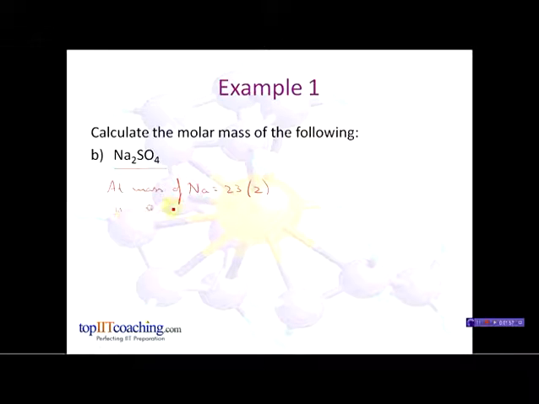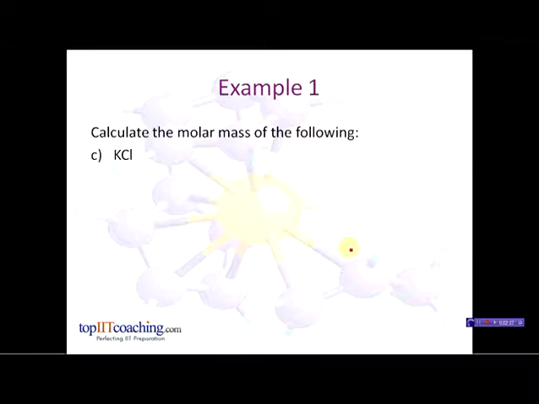The atomic mass of sulfur is 32, and 1 atom of sulfur is present, and the atomic mass of oxygen is 16, and 4 atoms of oxygen are present in the formula. So the molar mass of sodium sulfate will be 23 × 2 + 32 × 1 + 16 × 4, which gives us 142 grams. This is the weight of 1 mole of sodium sulfate.